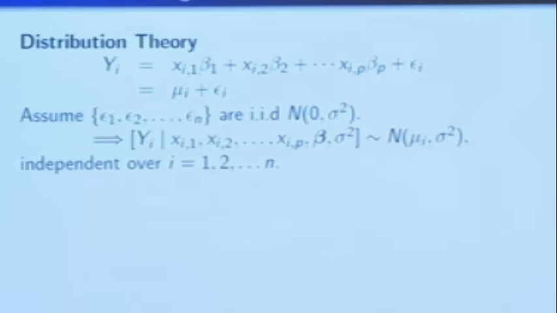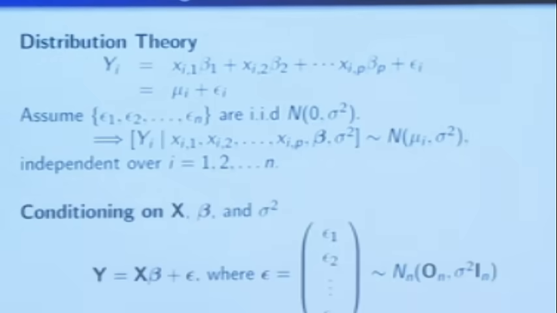Okay, conditioning on the values of the independent variables, the response variables are going to be independent over the index i. They're not going to be identically distributed because they have different means, mu i, for the dependent variable yi, but they will have a constant variance.